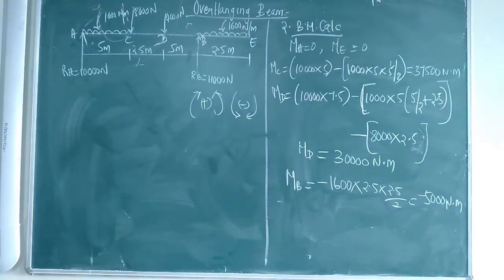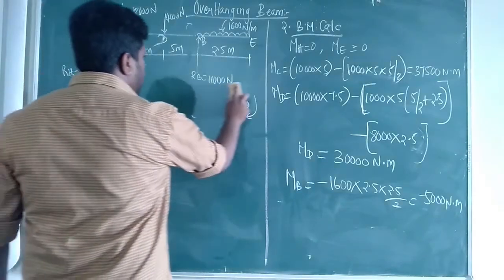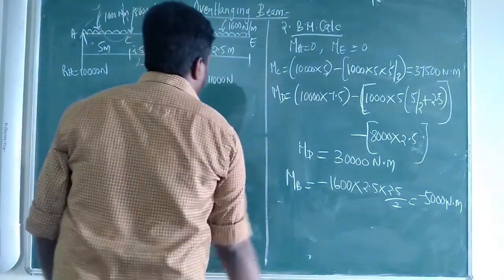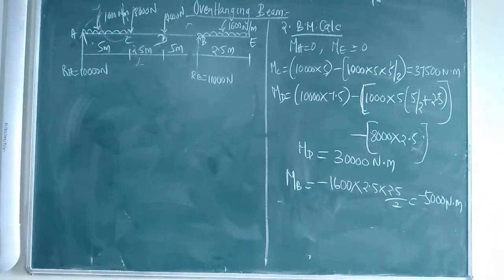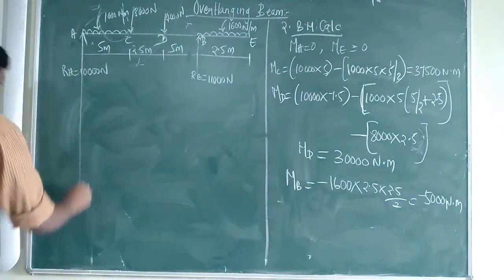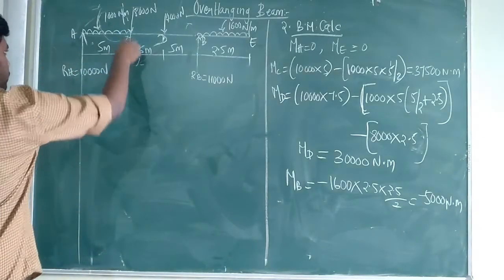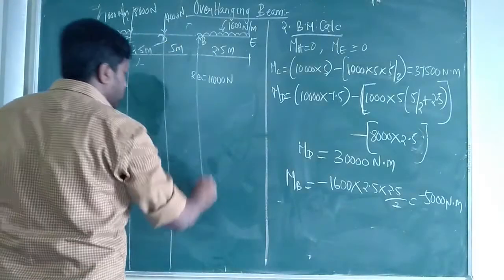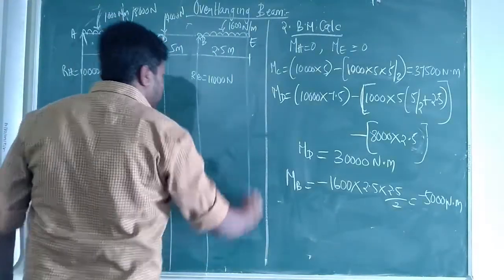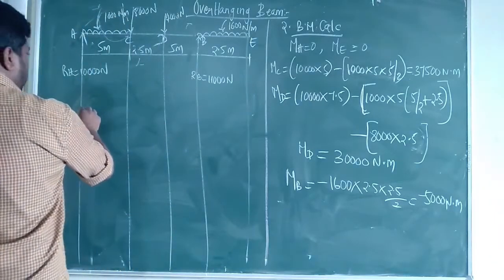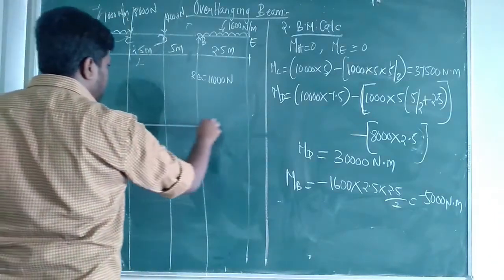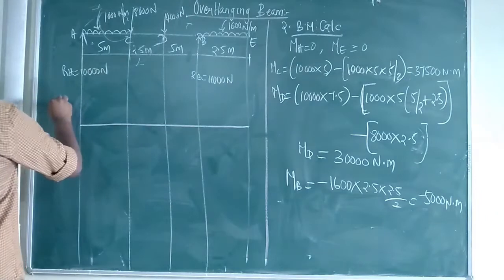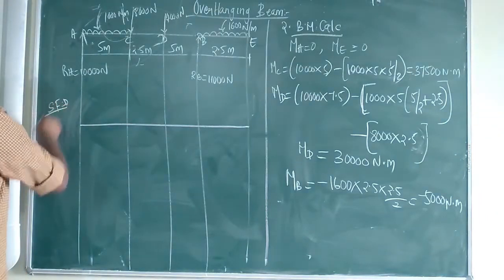So now it's time to draw the shear force diagram and bending moment diagram. Okay, so extend every point. First I am going to draw the baseline of the shear force diagram.